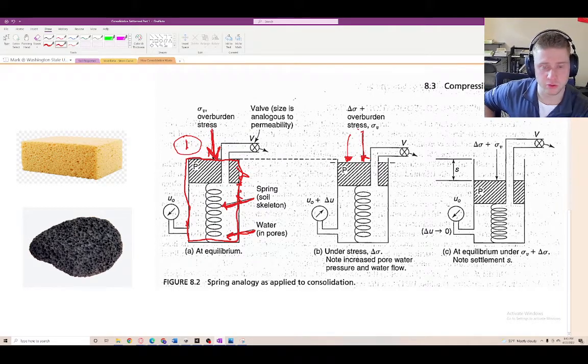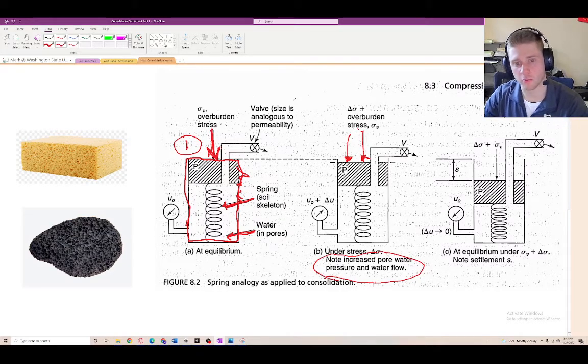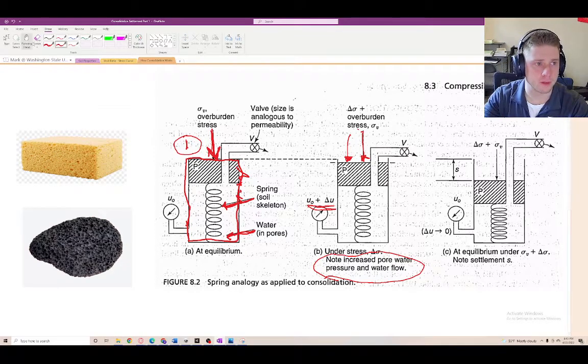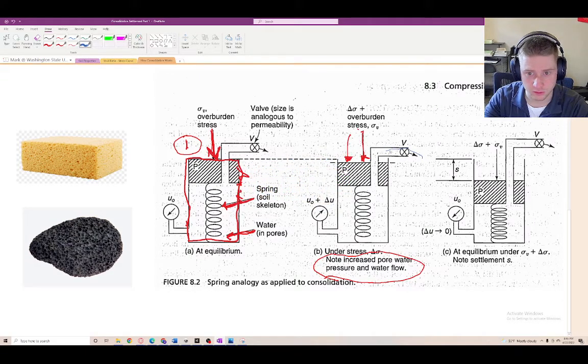So now you have more load on the soil, and what happens here is there's going to be increased pore water pressure, right here, as it shows, and the water starts to come out. And I want this to be thicker so it will be visible. So water starts coming out.